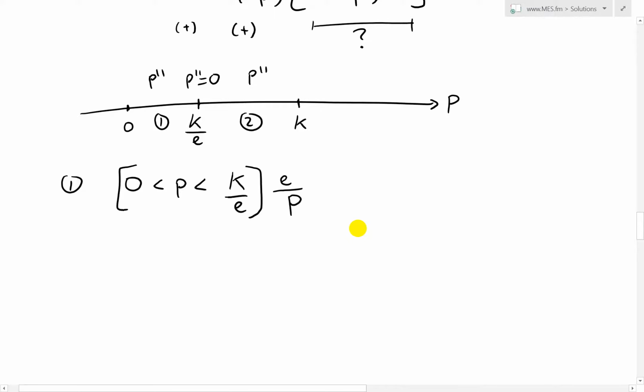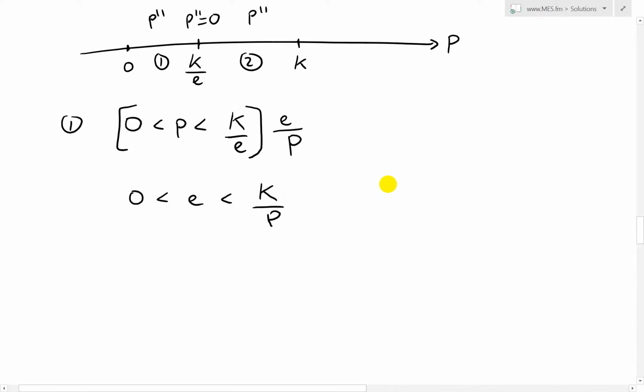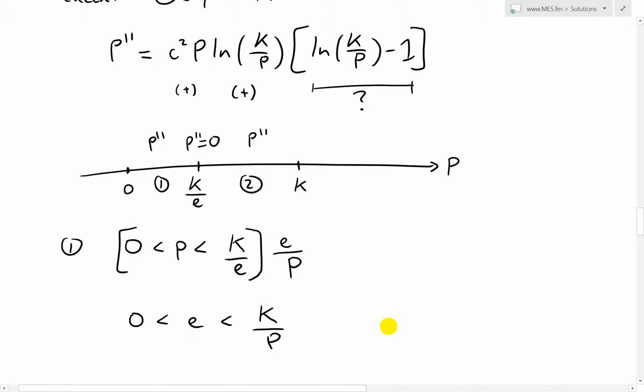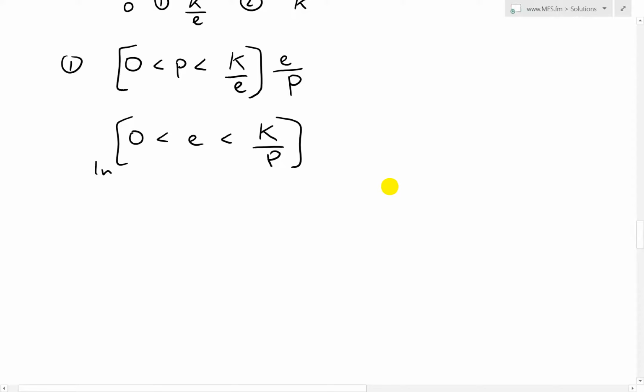Multiplying the outside, 0 times that is still 0. The P's cancel, so e is less than K over P. Now we want to make it look like ln K over P, so we take ln of both sides. And ln 0, if you recall the logarithmic graph, approaches negative infinity.